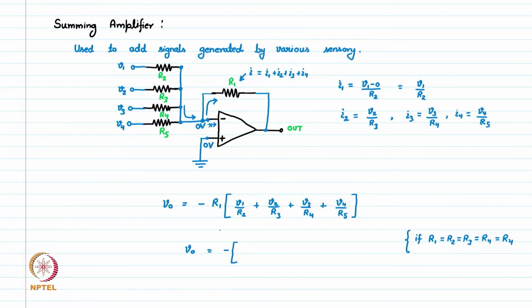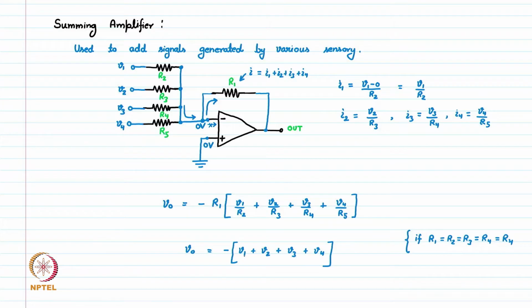We have minus outside, and then V1 plus V2 plus V3 plus V4. Which is nothing but the sum of all the voltages or all the signals coming in to this summing amplifier, and the output is nothing but the simple algebraic sum of all the voltages. There is a negative sign, so that is not an issue. We can put again an inverting amplifier after it to change the polarity. This is a simple algebraic sum.